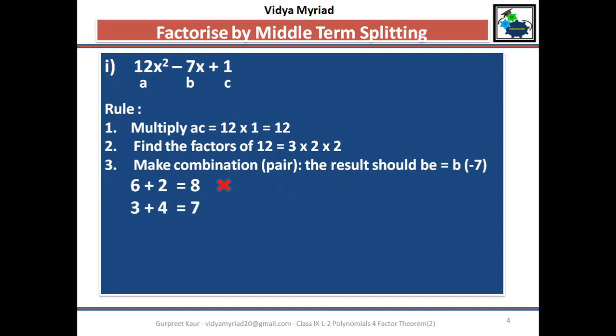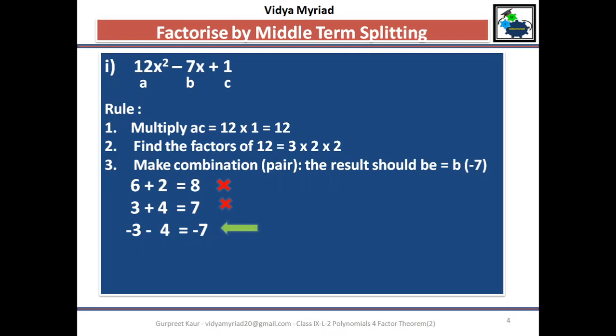Then I have taken 3 plus 4, where 2 into 2 is 4. So 3 and 4 as the pair comes as 7, which is also not the combination because I want -7 here. Next, I have made -3 and -4. This gives you -7, because you add 4 and 3 and the sign needs to be minus, so both should be minus.